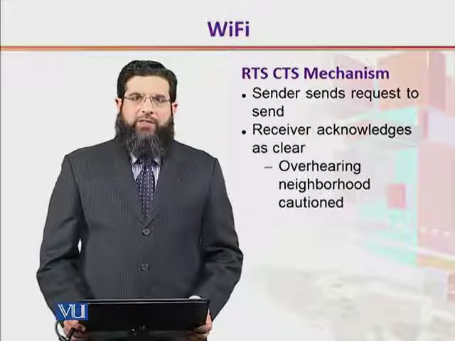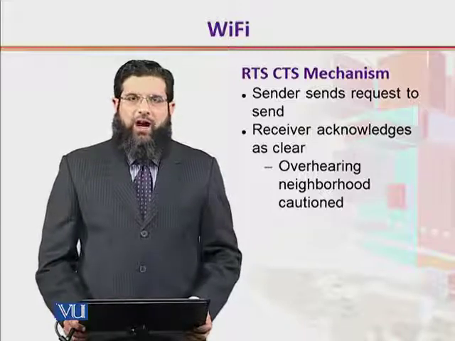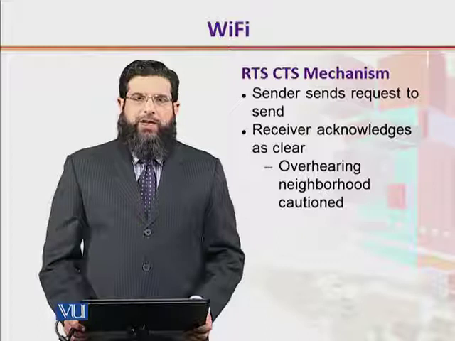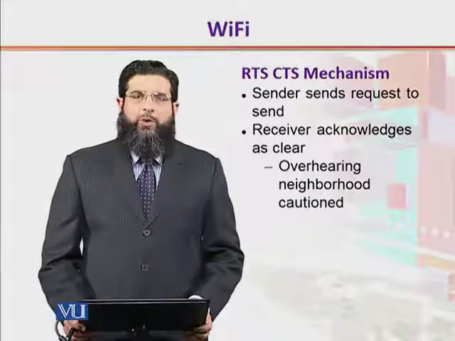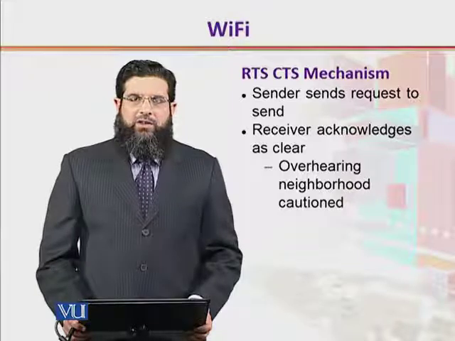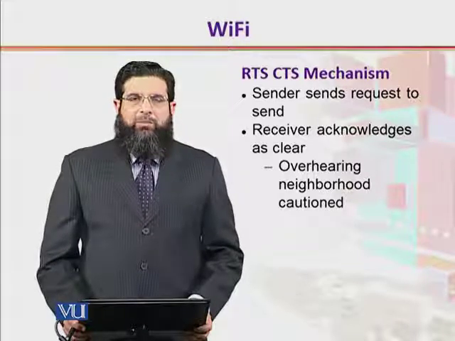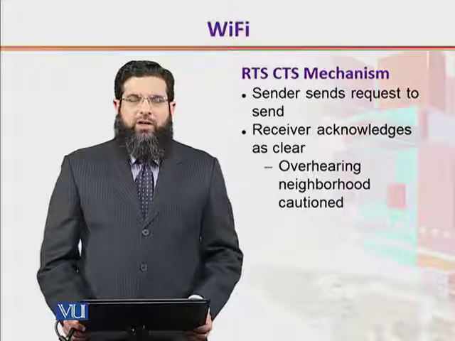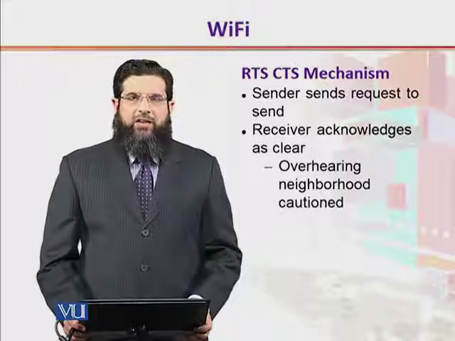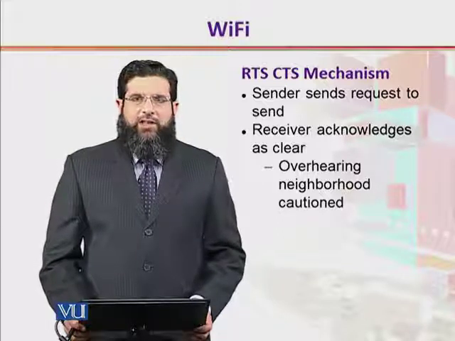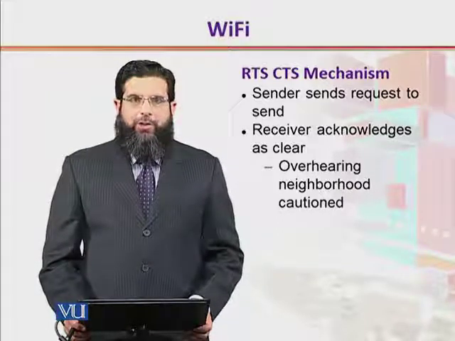For instance, if A and C both send RTS at the same time, a collision of RTSs is going to happen at B. Consequently, B would not respond, and A and C are going to back off, wait for a random time interval, and attempt again. When that happens, let's say A gets to transmit first.